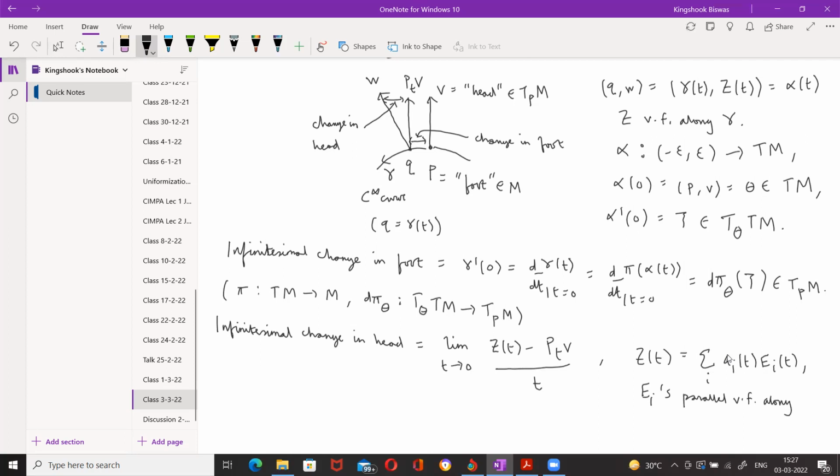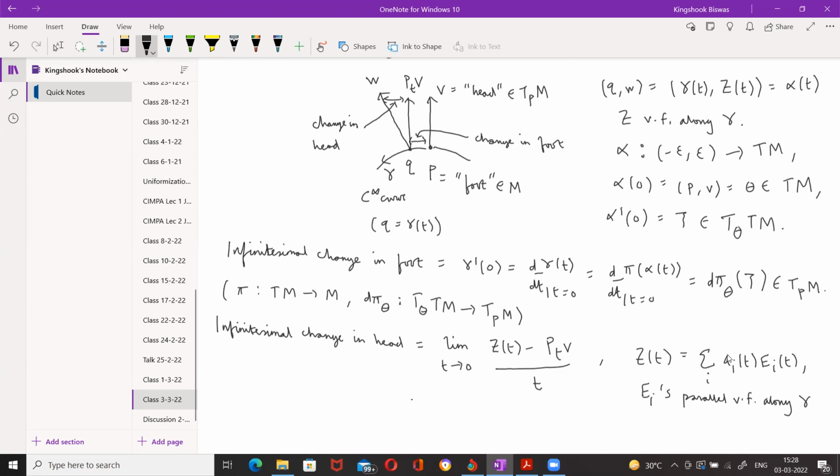Right, I have a basis of parallel vector fields along gamma, and any vector field along gamma I can write as a linear combination of them with coefficients which are smooth functions. Okay. So in that case, what is z_0? z_0 is v, and z_0 is the summation of a_i(0) e_i(0).